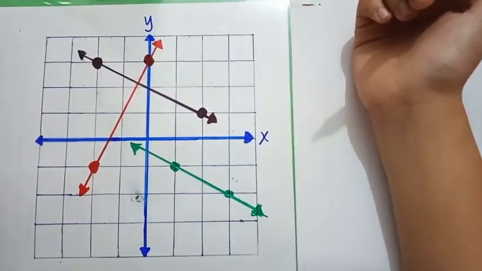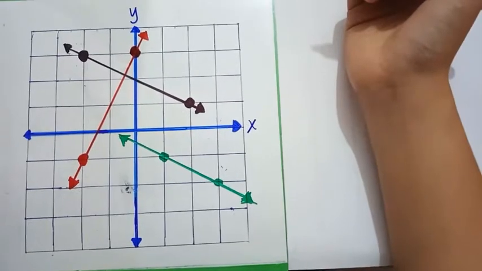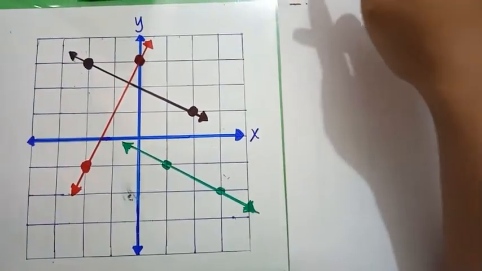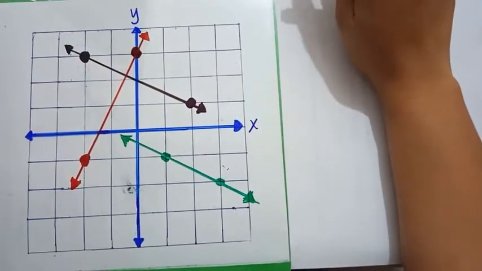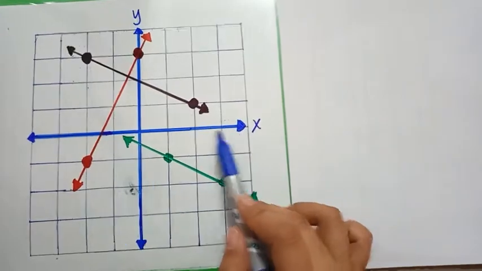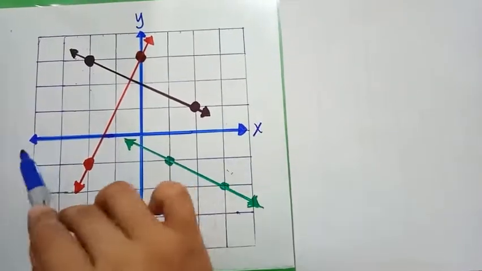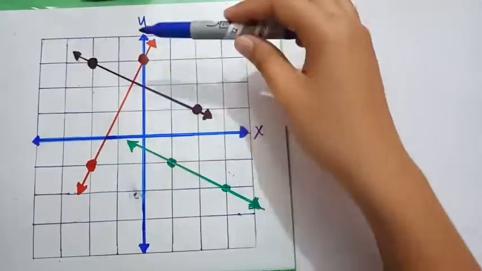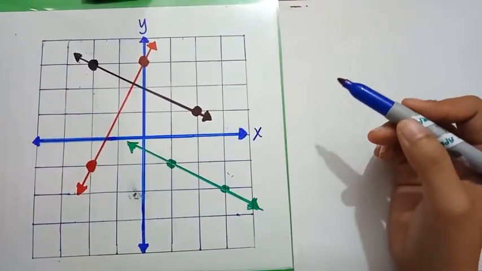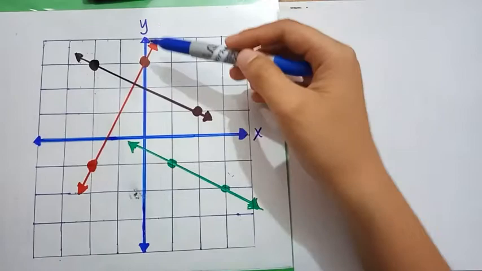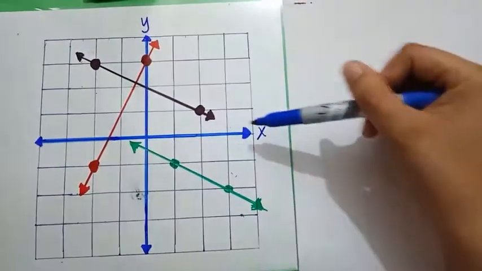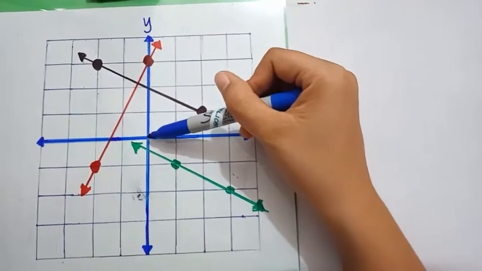Okay? Now, before we start, recap tayo ng pagbibigay ng coordinates of a point. So, again, kapag magbibigay ng coordinates, una ka munang titingin sa horizontal bago yung katumbas niya sa vertical. Okay? So, for example, if we want to give this point a coordinate, kung sa horizontal tayo, siya ay nasa origin.